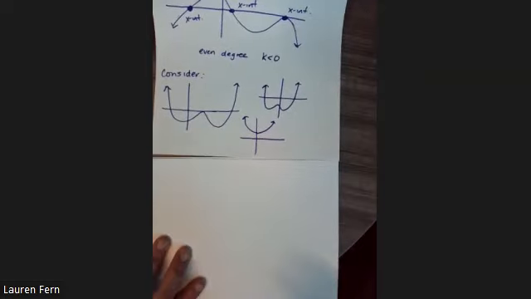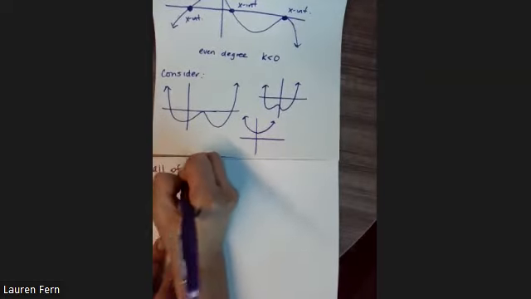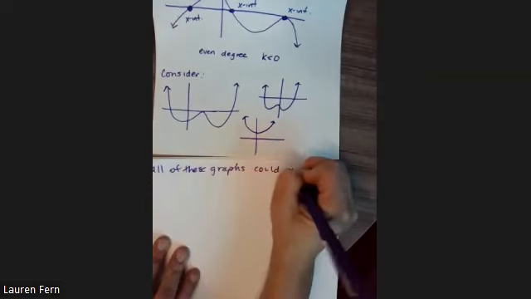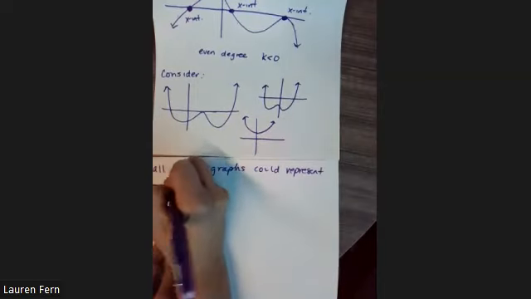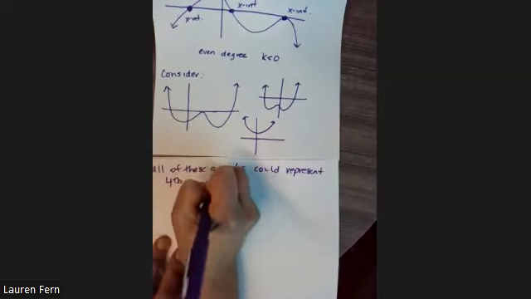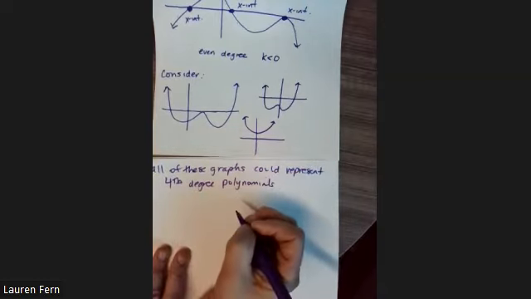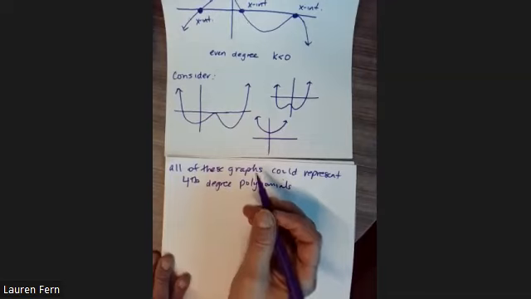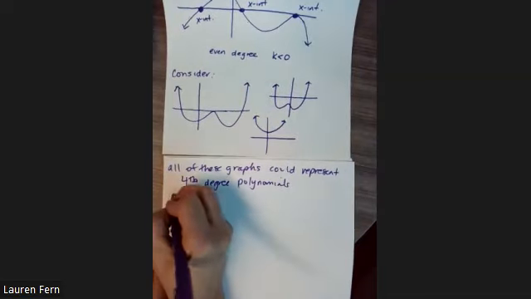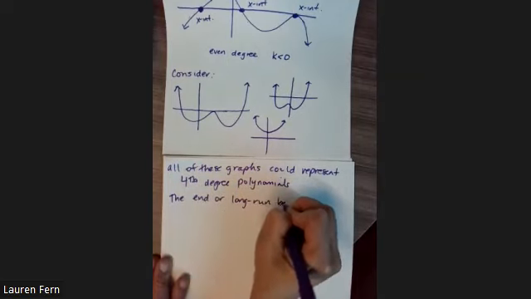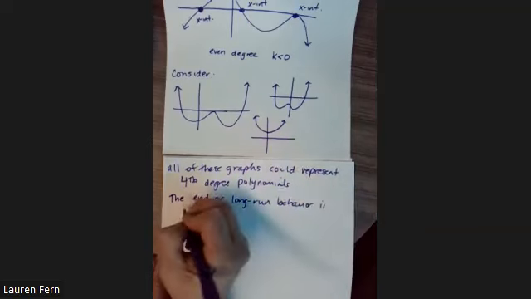Now, I claim that all 3 of these graphs could represent 4th degree polynomials. Now, what am I trying to get at here? Well, what I'm trying to get at here is notice in all 3 of these graphs, the end or long run behavior is the same.